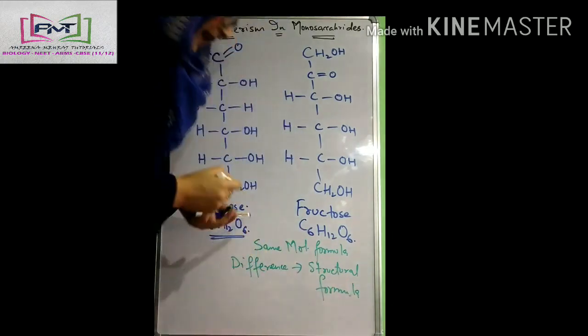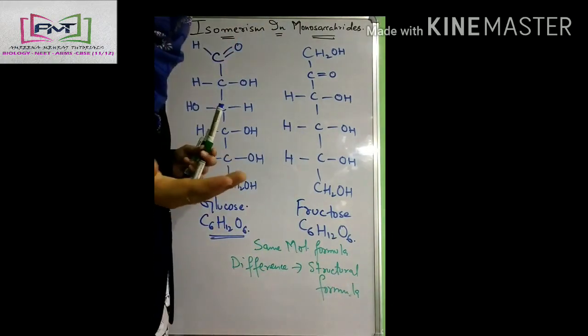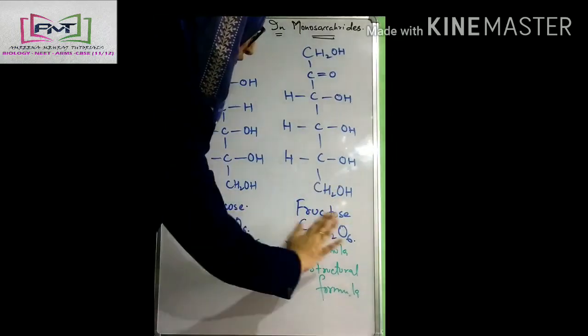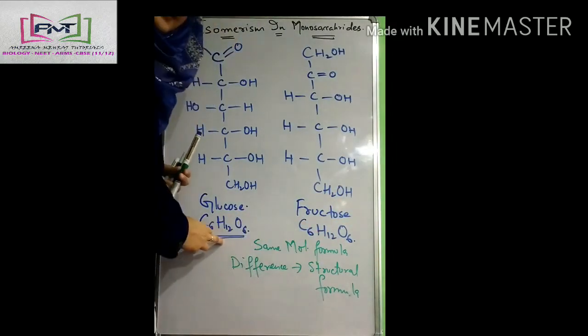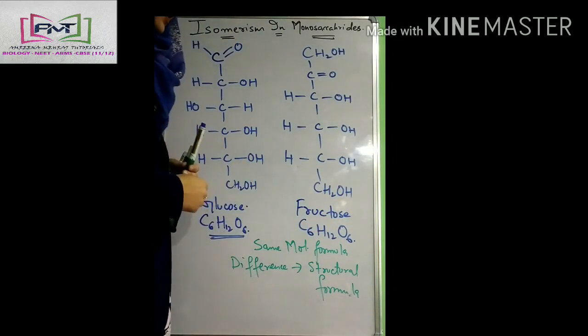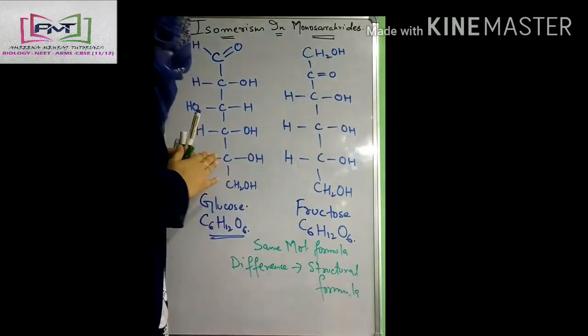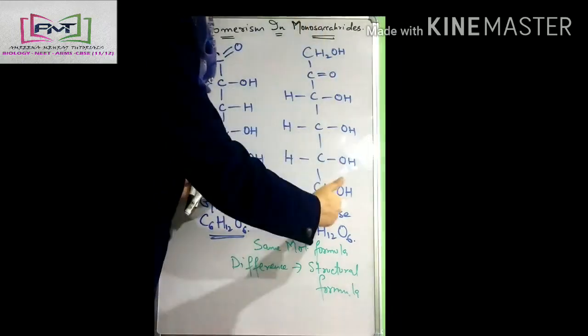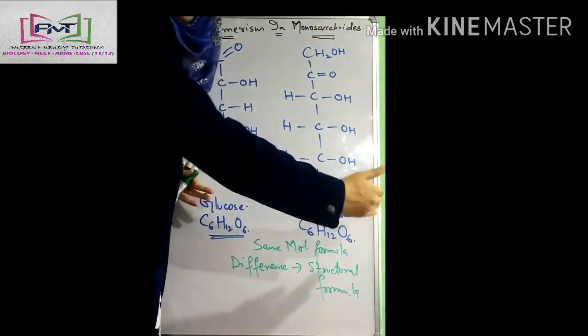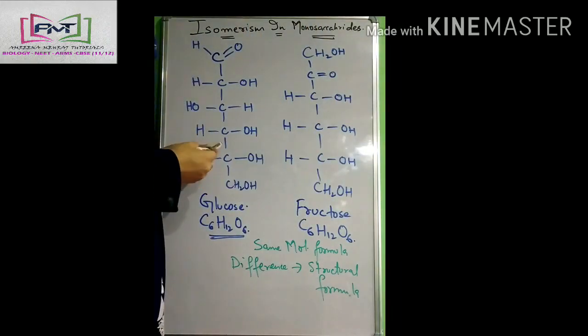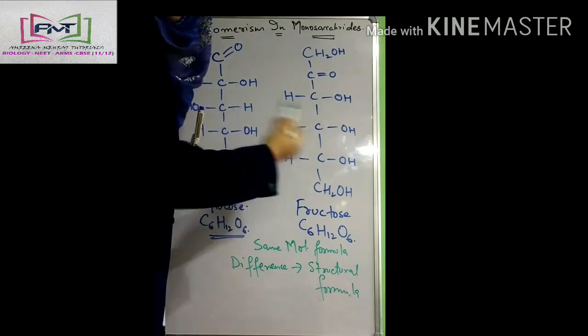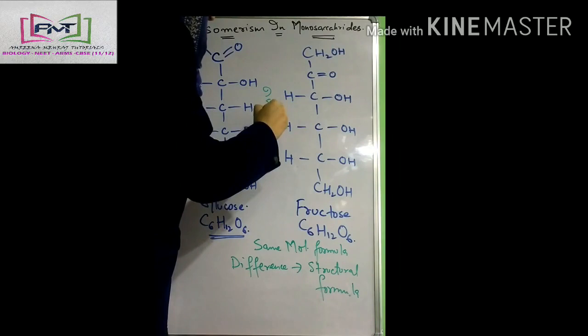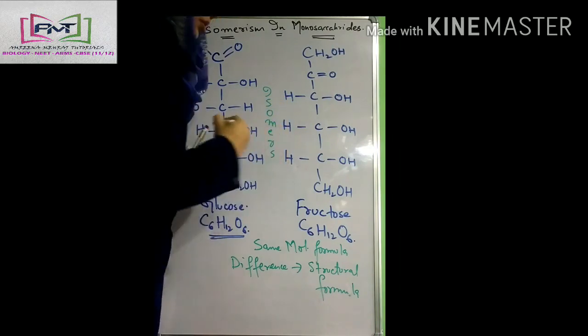Okay? Any such compounds which have the same molecular formula, C6H12O6, it's just a basic example. So any molecules which have the same molecular formula but different structures, different structural formulae, are called isomers.